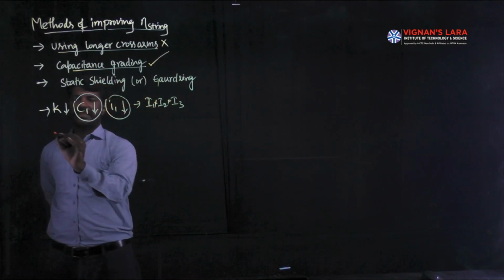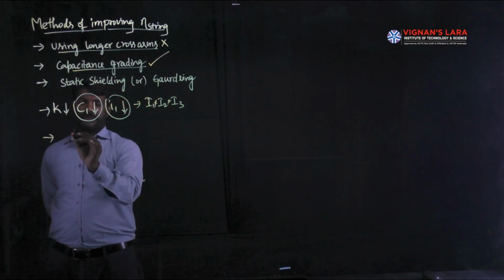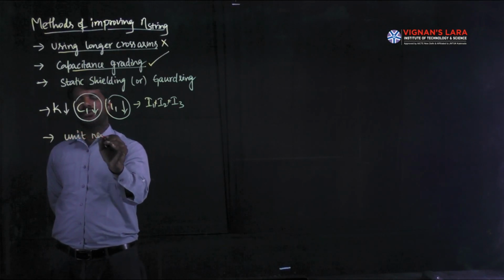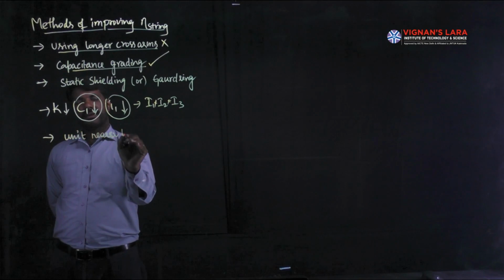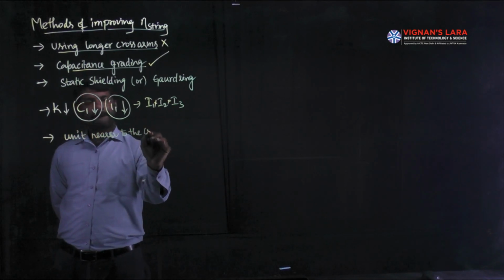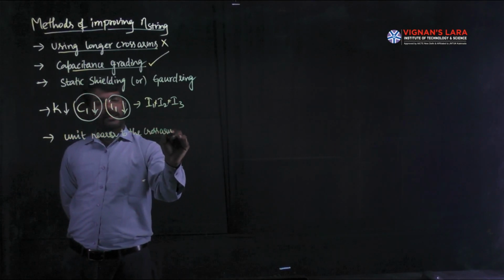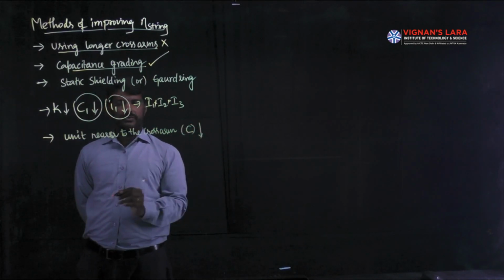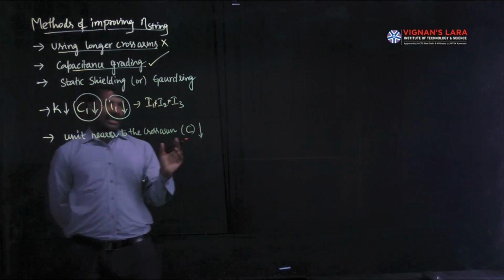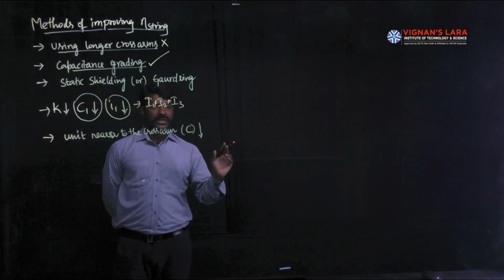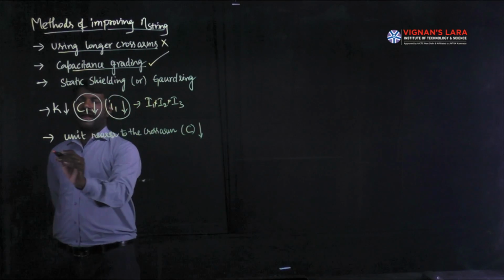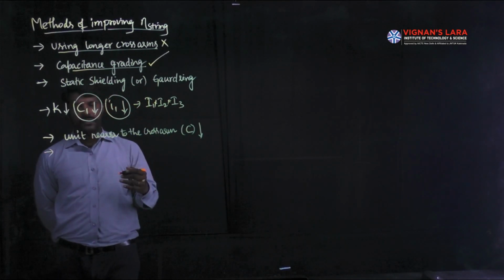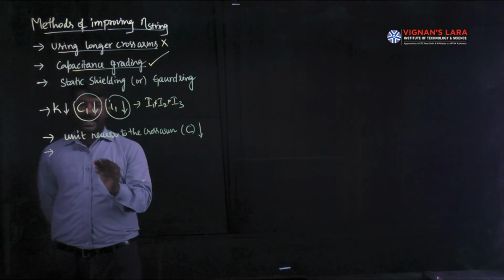In general, the procedure is that the unit which is nearer to the cross arm has its capacitance selected with the lowest value, and the capacitance of the units gets increased as we reach towards the live conductor.